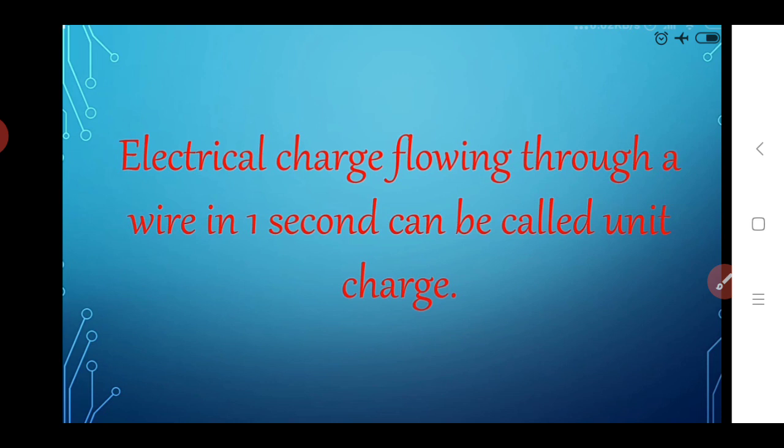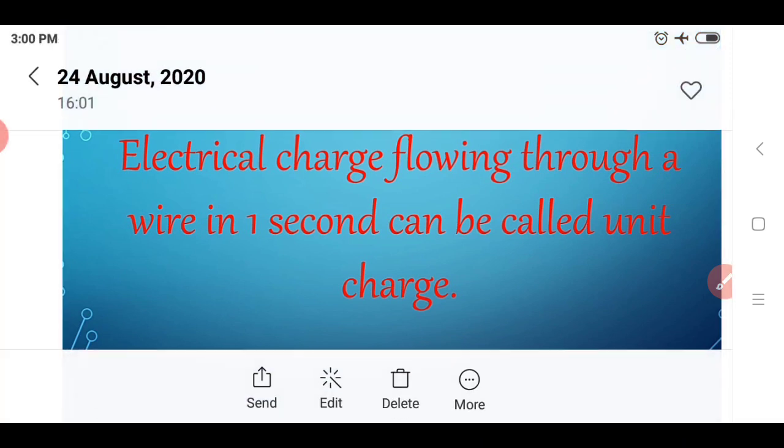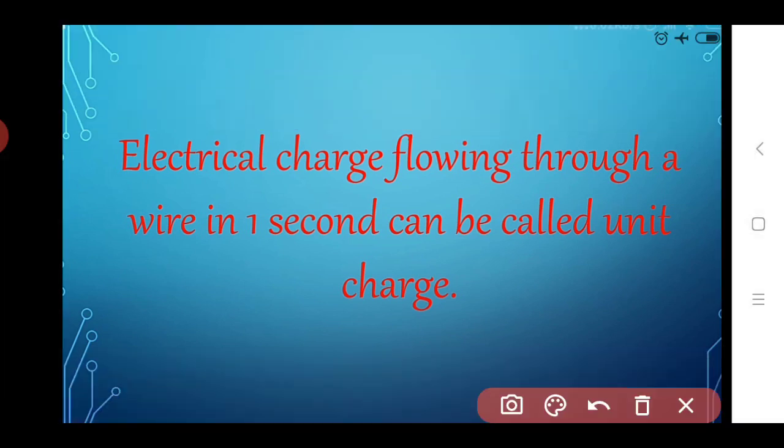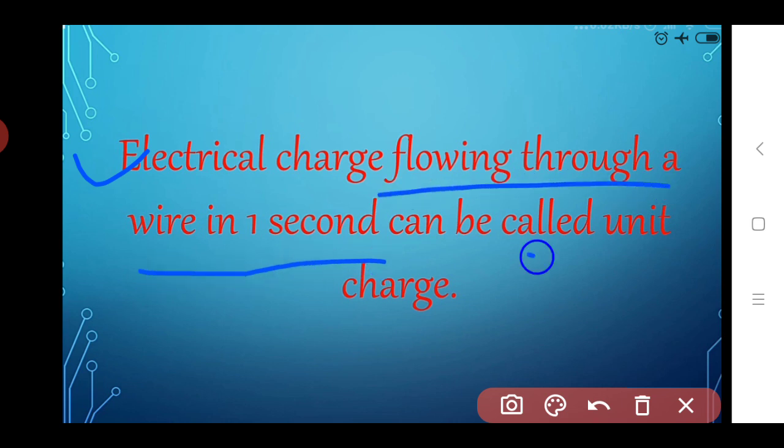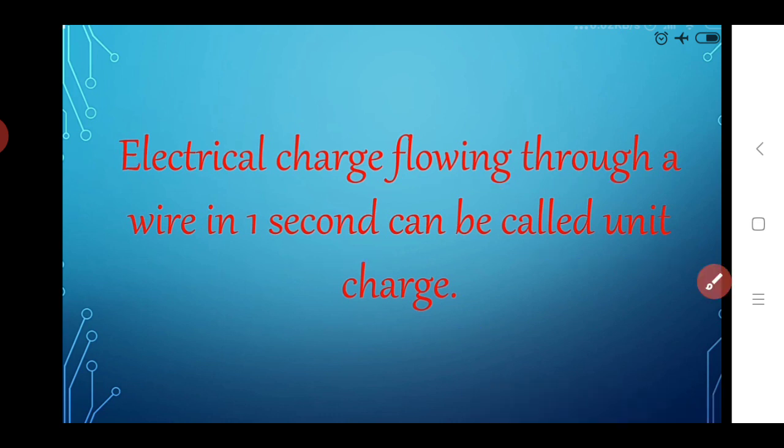Before that we see the definition of unit charge. What is the unit charge? See here, it is the definition of unit charge. Electric charge flowing through a wire in 1 second can be called unit charge. This is the definition of 1 unit charge.